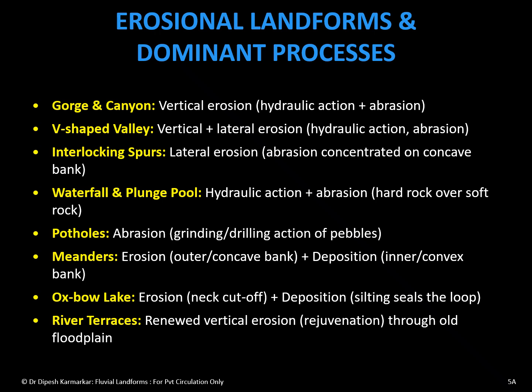Gorge and canyon are made by vertical erosion, V-shaped valley by vertical and lateral erosion, interlocking spurs by lateral erosion, waterfall and plunge pools are made by hydraulic action and abrasion, potholes by abrasion, meanders by erosion on the outer bank with deposition on the inner bank, oxbow lakes are made by erosion at the neck followed by deposition, and the river terraces are made by renewed vertical erosion during rejuvenation. Keep this slide handy for quick revision before your exam.